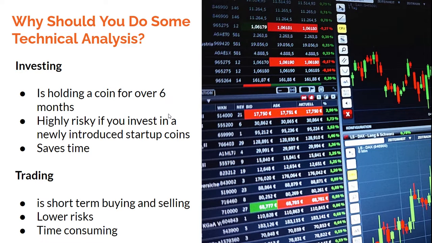So that will be called trading Bitcoin. It will not be investing, because with investing, I can buy it here and then wait for over 6 months, and when it reaches somewhere here, I sell it. Okay, so that is trading.